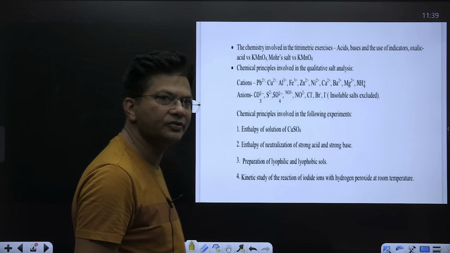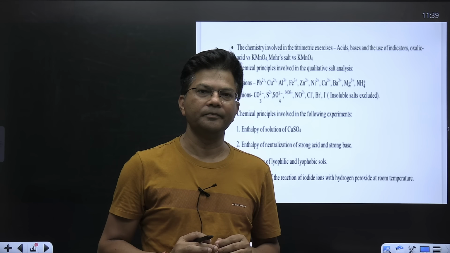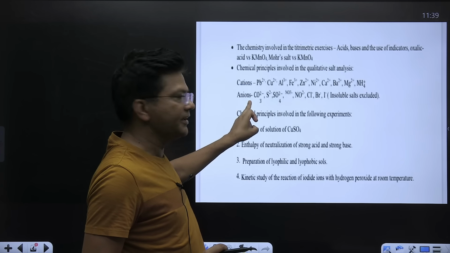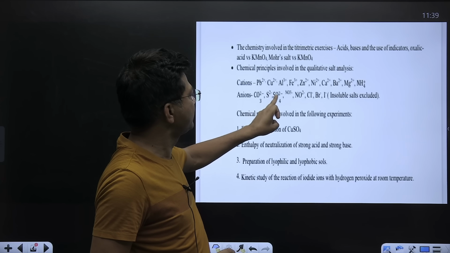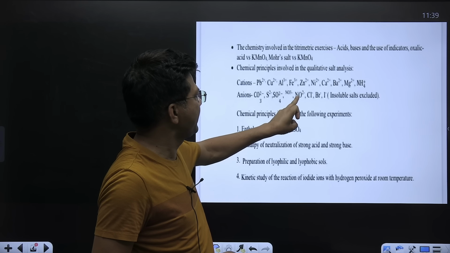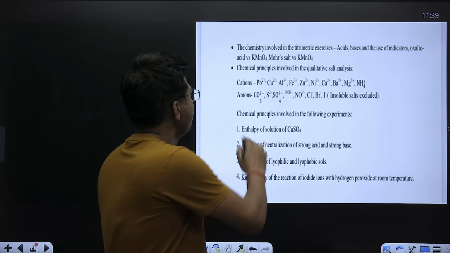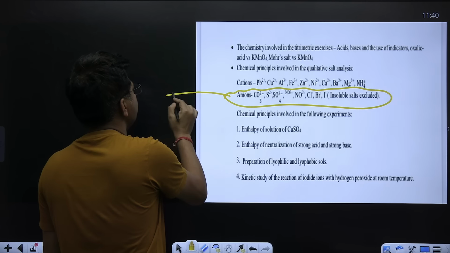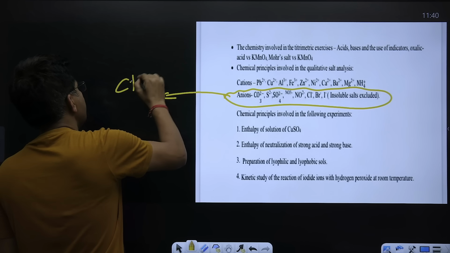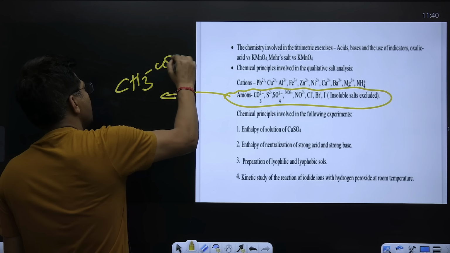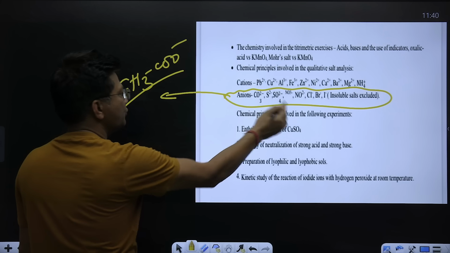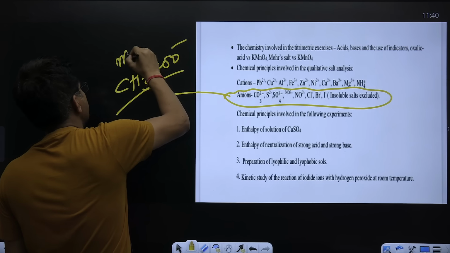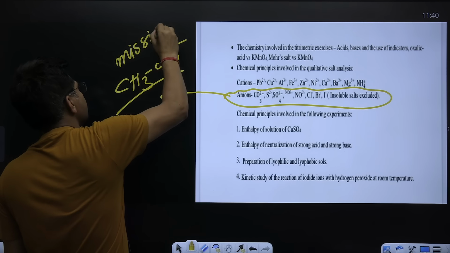This is the syllabus provided by NTA. These are the acid radicals: carbonate, sulfide, sulfate, nitrate, nitrite, chloride, bromide, iodide, and in anions, they could have written acetate in the syllabus, but it's missing. It's not given in the syllabus.